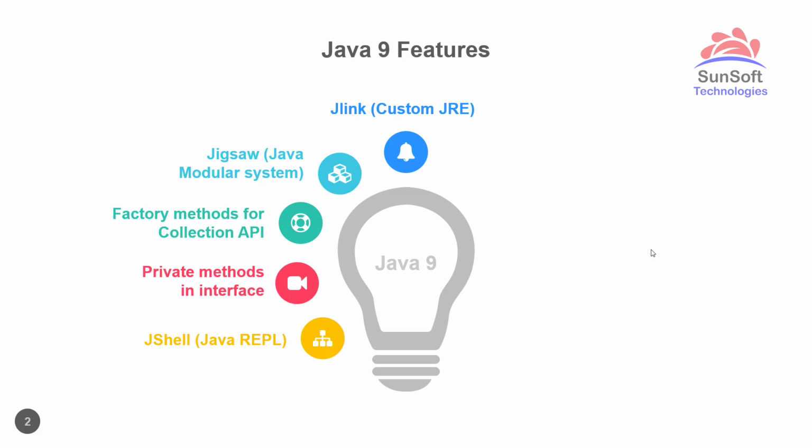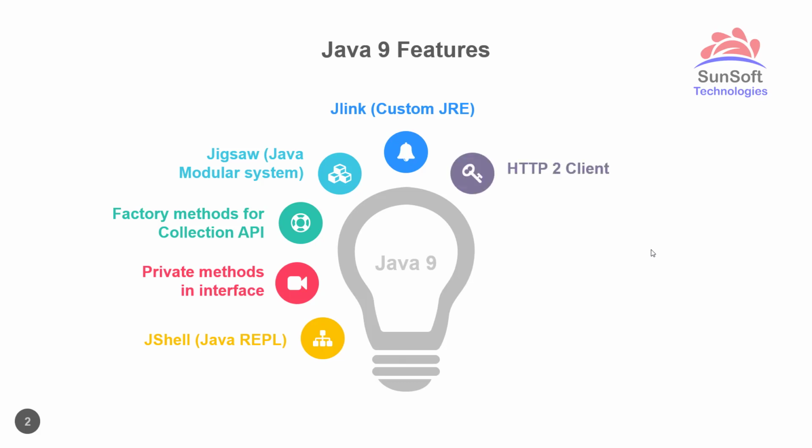So now in Java 9, you can create your own customized JRE image, which can include only those things which are really required at runtime. You can specify which classes are required at runtime, and only those are added using a command line tool called JLink.